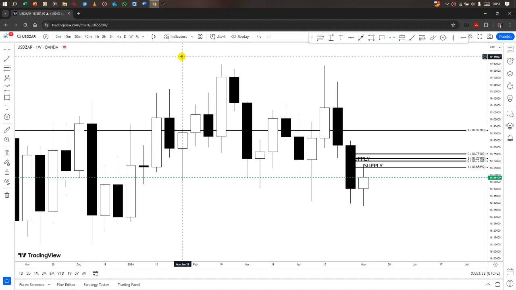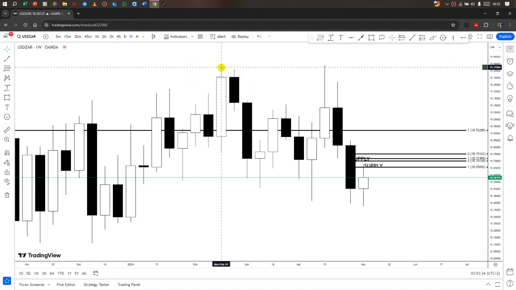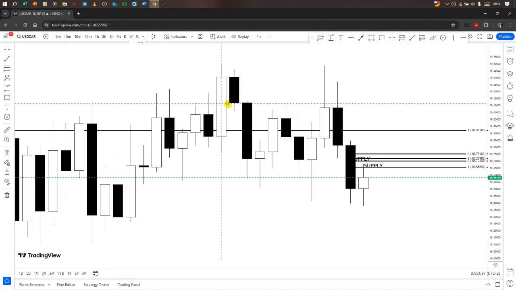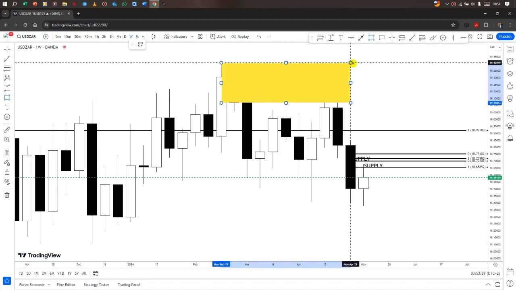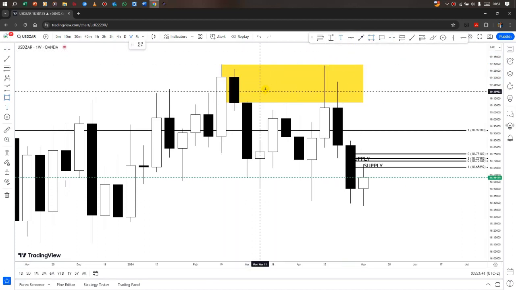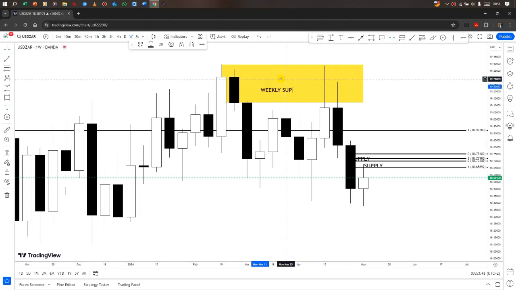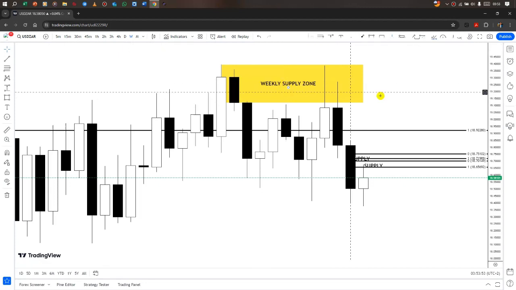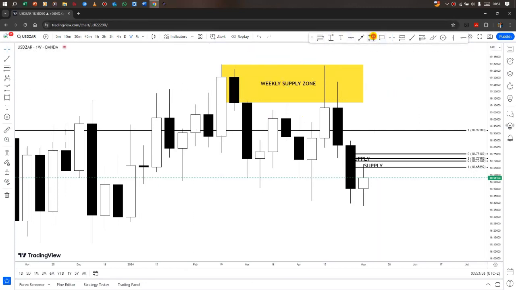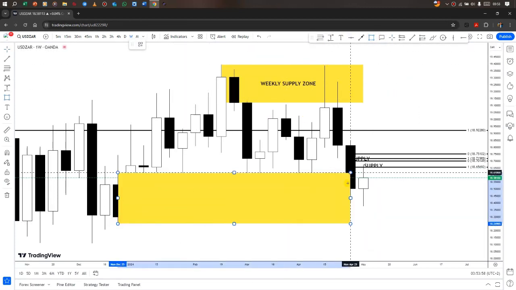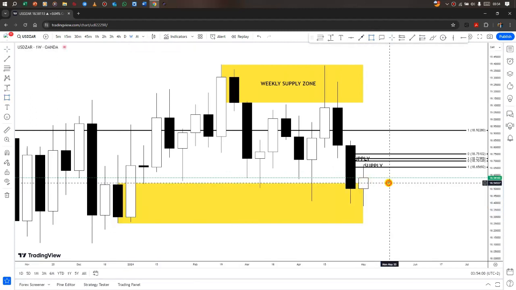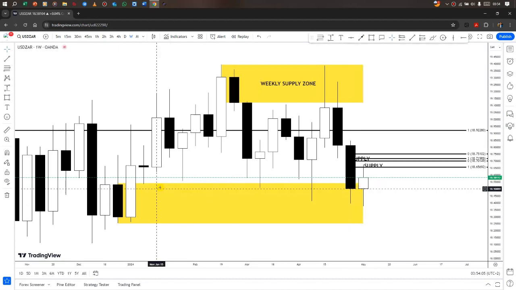On the weekly time frame, you can see that the price is currently rejecting from this weekly supply zone, and it's currently within this significant demand zone here, which shows us that it's weak.